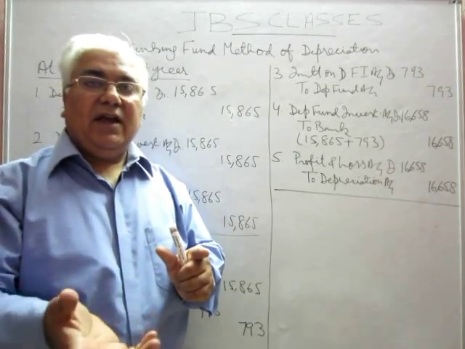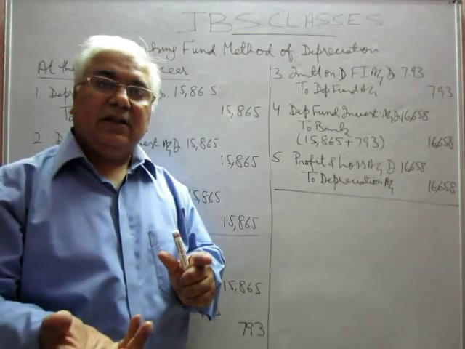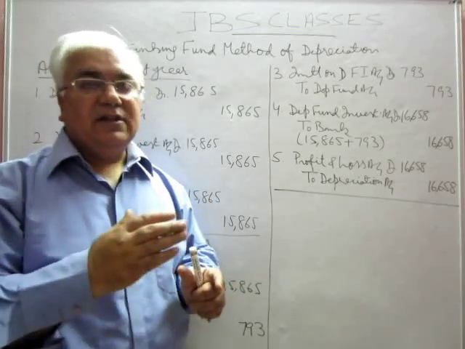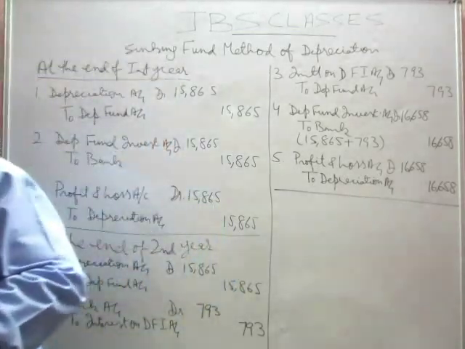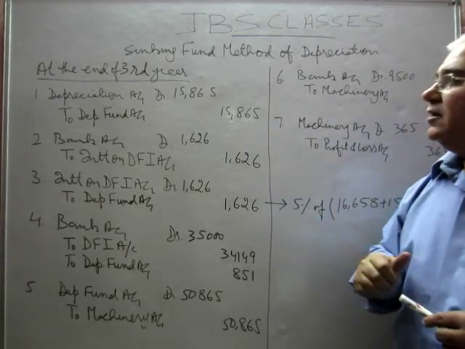And at that time we will have enough money with us to buy the new asset. Now I will explain you the entries we will make at the end of third year.